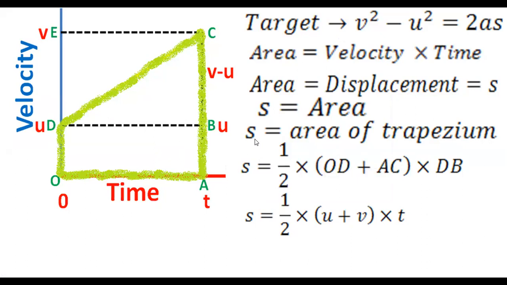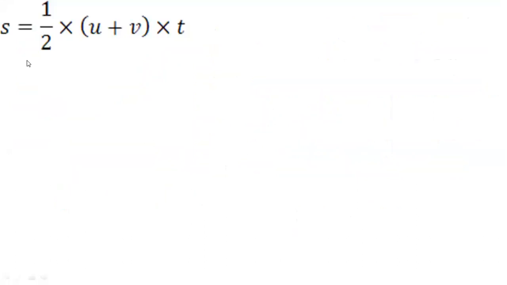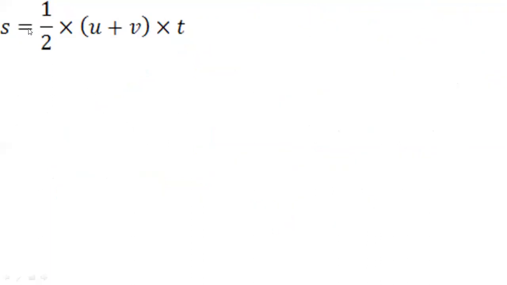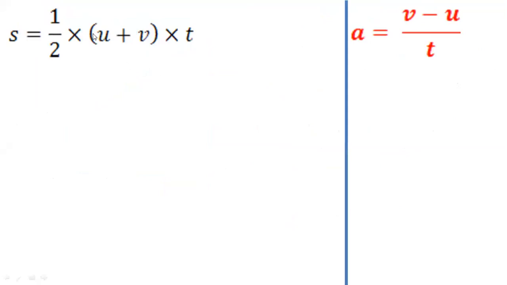Okay. Now let us proceed. What we are going to do now is, S is equal to half into (U plus V) into T. That is what we have got in the last step. We are going to take it further. I can use the value of acceleration. I have to change this T value.